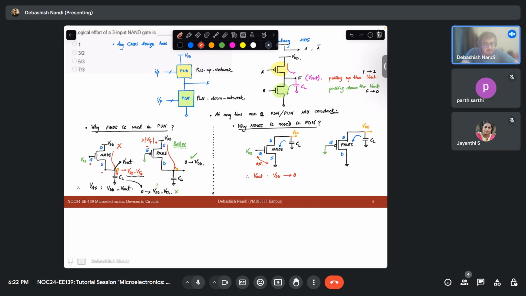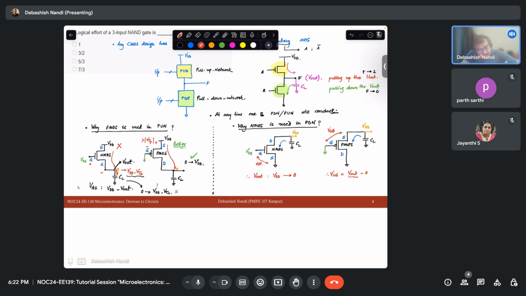But in case of PMOS, what is happening? The important voltage is VGS, or in other words, VSG. So my VSG is what? In case of PMOS, V out minus 0. And my V out is changing, right?